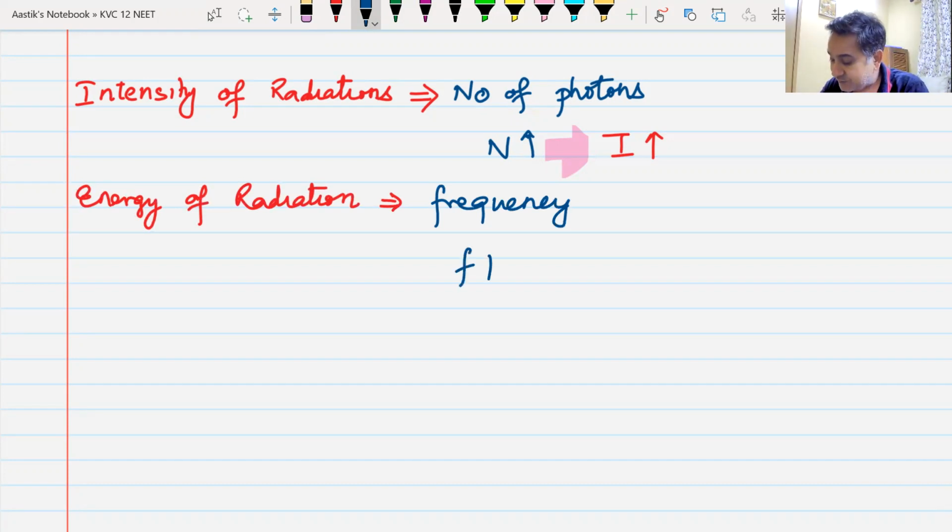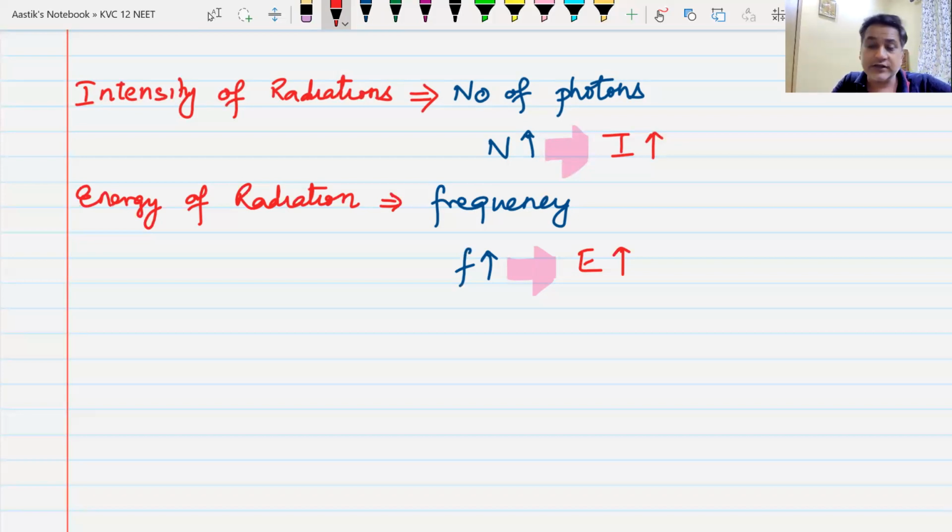If I increase the frequency of the radiation, that implies I have increased the energy of the radiation. To increase the energy of the radiation, I must increase its frequency. To increase the intensity of the radiation, I must increase the number of photons. That is the moral of the story. Have you understood the moral of the story? What is the moral of the story?